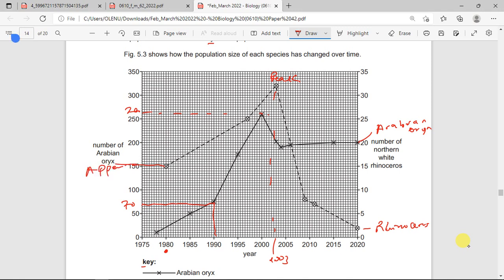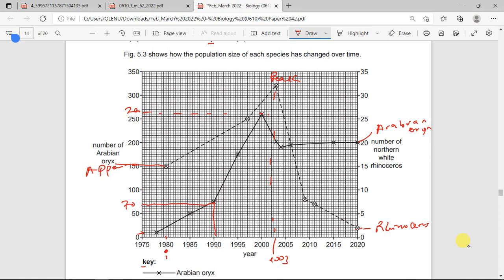So it appears in 1980, it reaches its peak in 2003 and decreases to, okay, this is 50, this is 10, sorry, I'm using the Arabian oryx, I'm supposed to use the rhinoceros here.